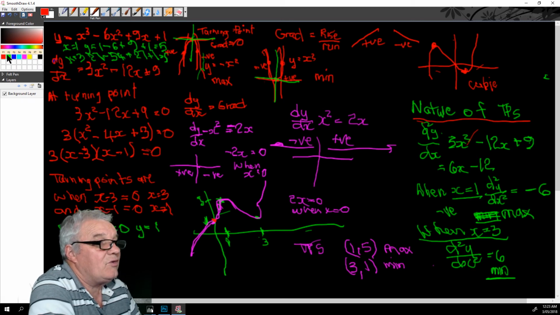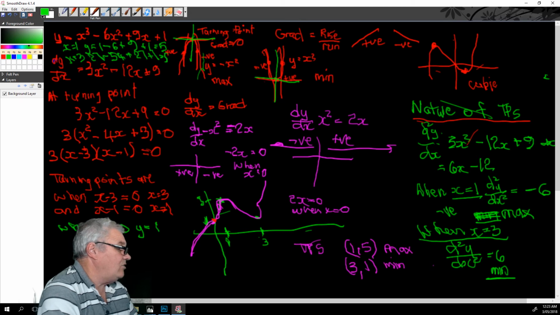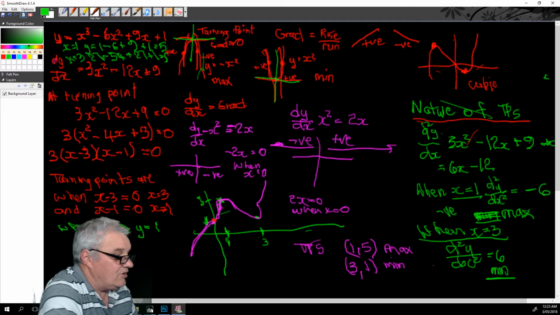That equals that there, differentiated with respect to x. So the second differential is 6x minus 12. So then we look at what happens when x equals 1. 6x minus 12 is negative. Okay, so that tells us that's a maximum.